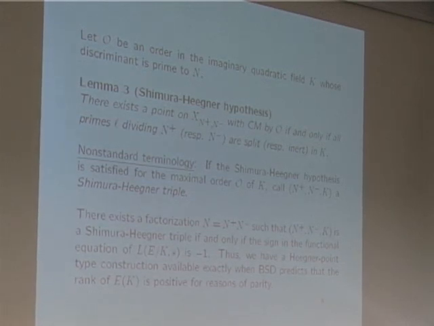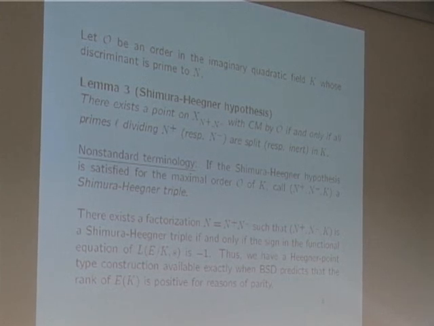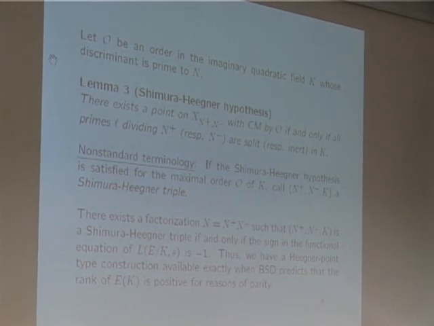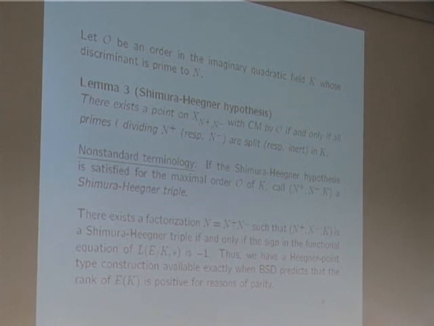And the philosophy that's guiding this involves the L-functions of the elliptic curves. So let me introduce some very non-standard terminology, which I'm just introducing to make the next sentence more comprehensible. If the Shimura-Heegner hypothesis, this above Lemma 3, is satisfied for the maximal order O of K, let me call (N plus, N minus, K) a Shimura-Heegner triple. I'll never use this terminology again after this slide.